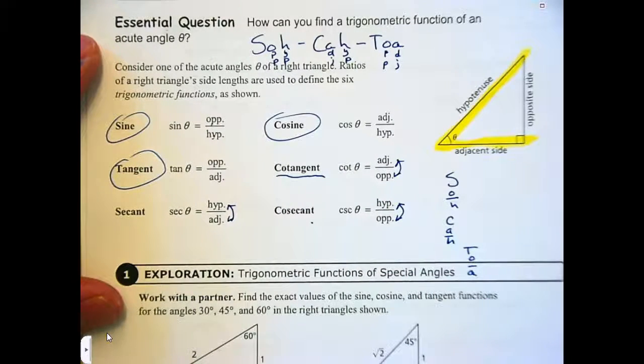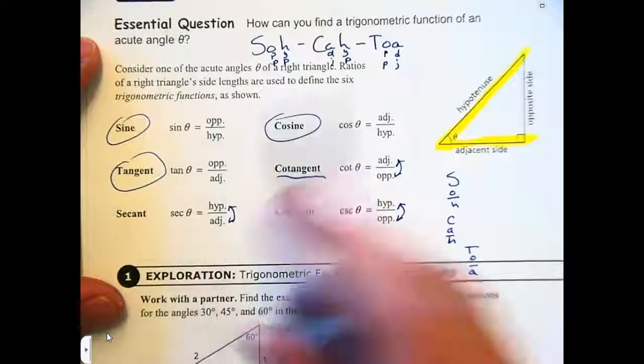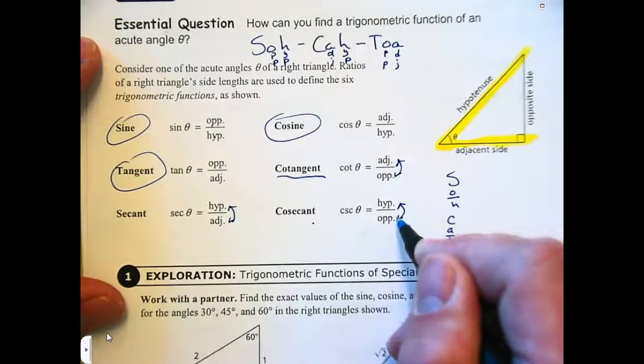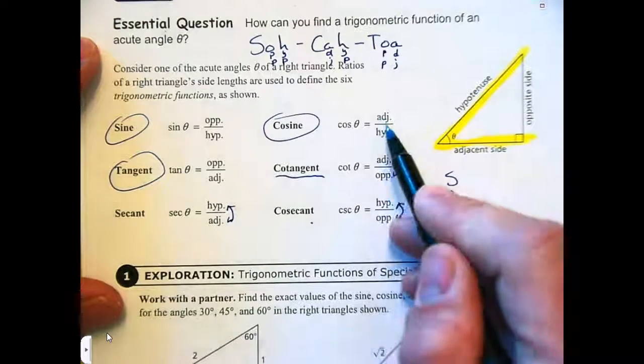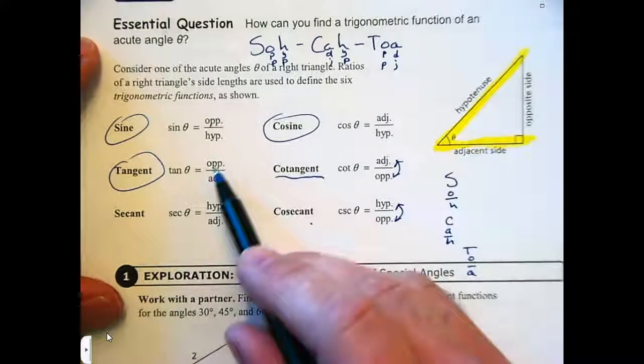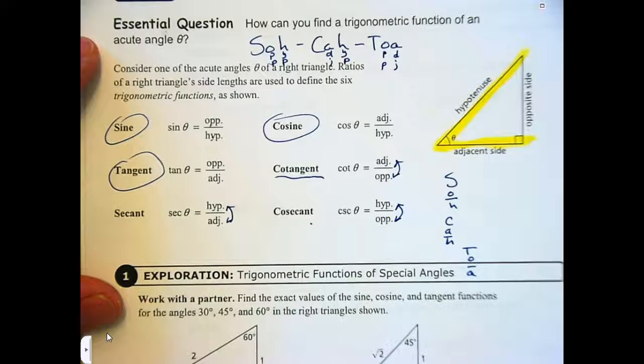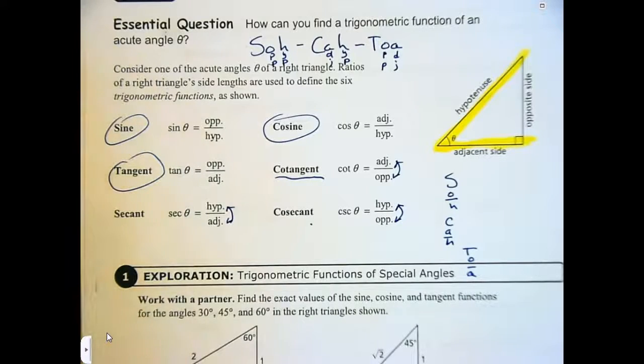They are reciprocal functions. If you flip the ratio for sine, you get cosecant. If you flip the ratio for cosine, you get secant. If you flip the ratio for tangent, you get cotangent. Why is it called cosecant if it's the reciprocal of sine?